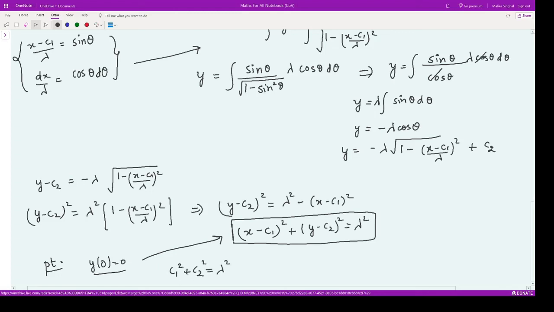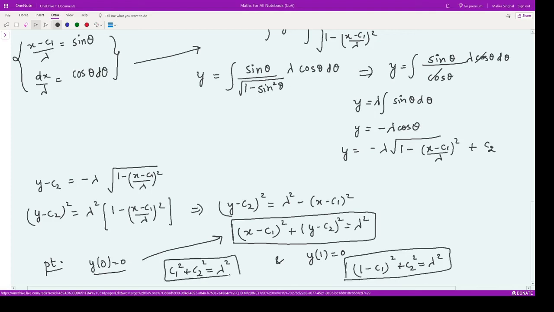Here c1, c2 and lambda, all three are unknowns and we have to calculate these. From another condition, y of 1 is equal to 0, that is the curve passes through these points, we have 1 minus c1 whole square plus c2 square is equal to lambda square. This is another condition. And third condition is that the perimeter is constant and that is given to be L, right?